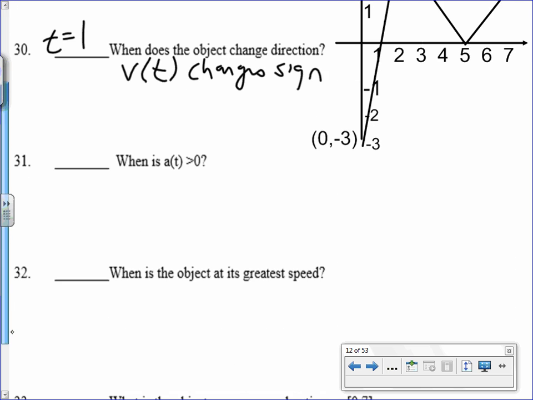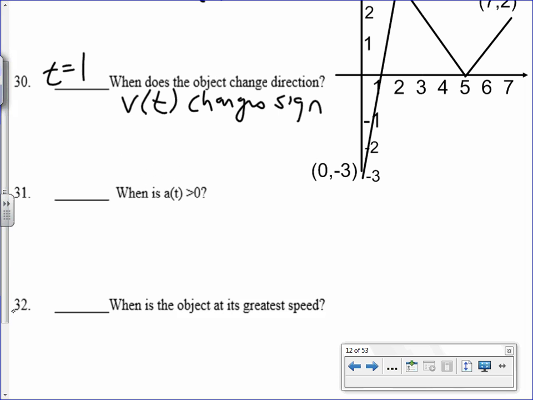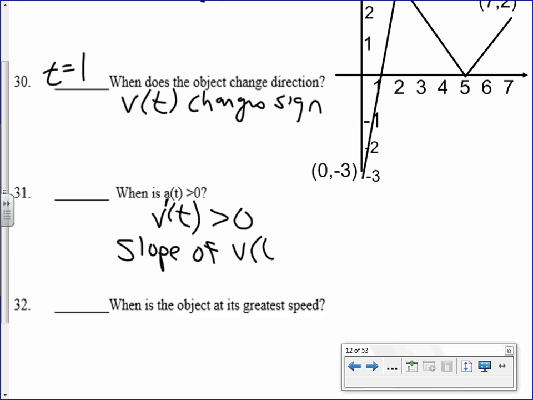When is acceleration positive? Okay, so that's not what we have, but it's related to what we have. We've got velocity. We have to know that acceleration is the first derivative, v prime of t. And the first derivative is the same thing as the slope. So when is the slope of v of t positive? That's when it's increasing.